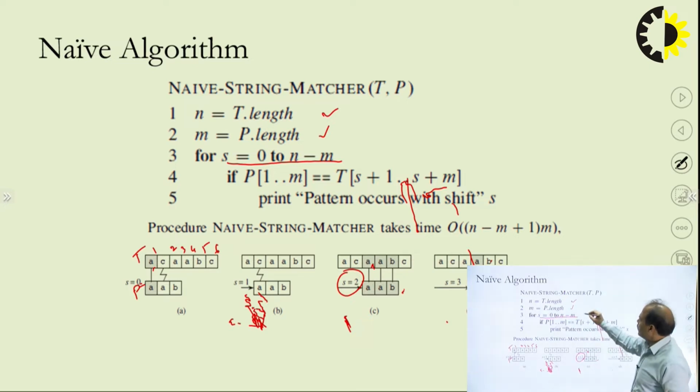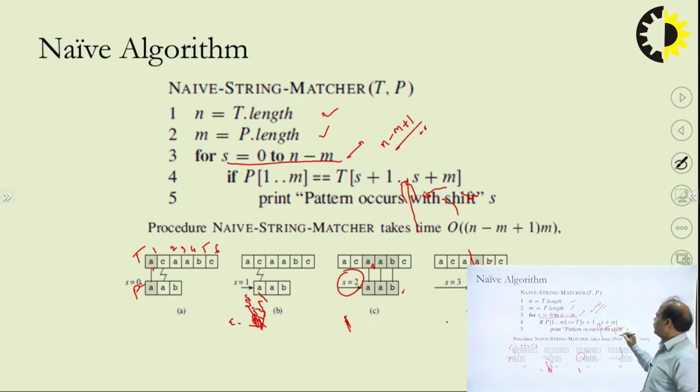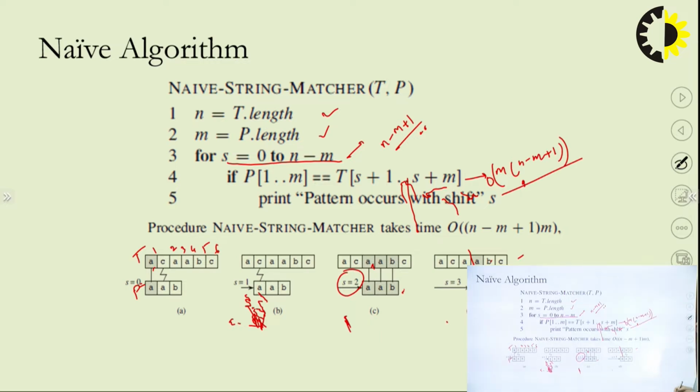If you look at here, its running time is n minus m plus 1 comparisons, and since each comparison is of m length, its running time will be m times n minus m plus 1 comparisons. So if we increase m, its running time will always be quadratic in nature.